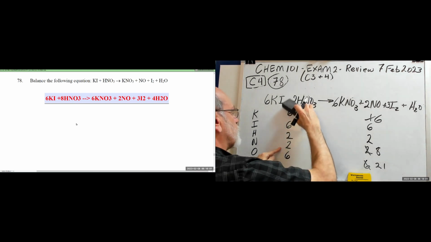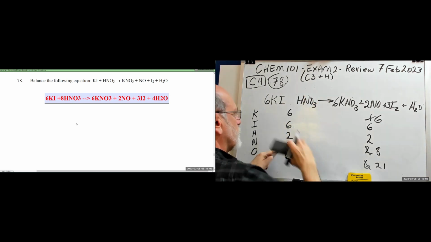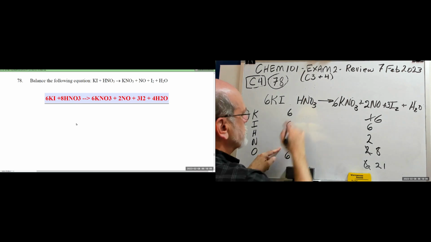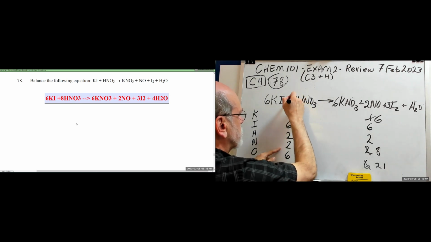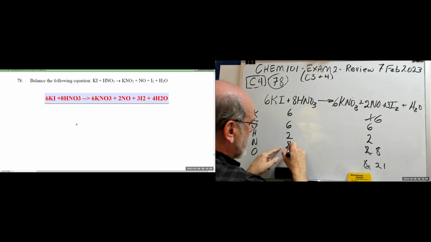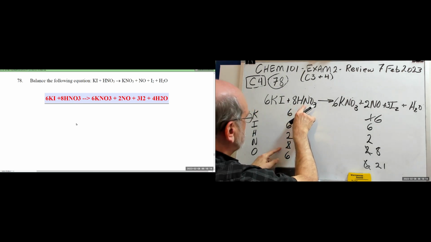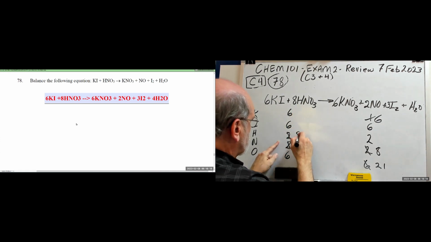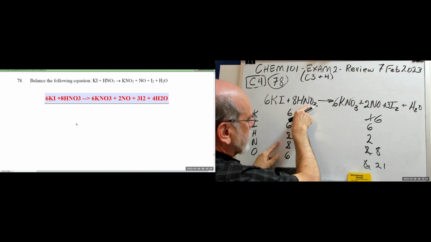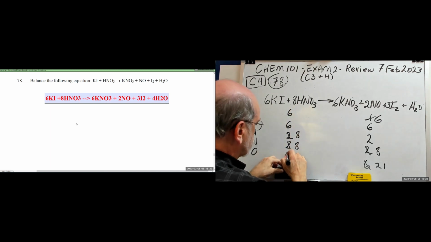So we have to change this one from 2 to 8. So that gives us 8 nitrogens. That gives us 8 hydrogens. That gives us 24 oxygens.